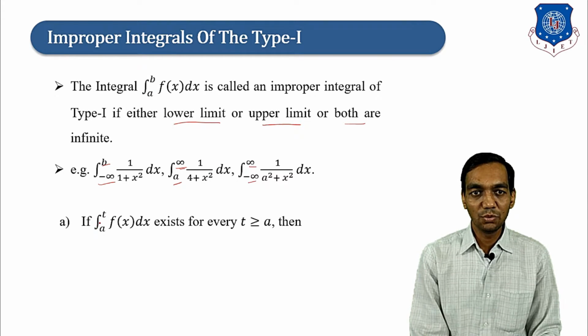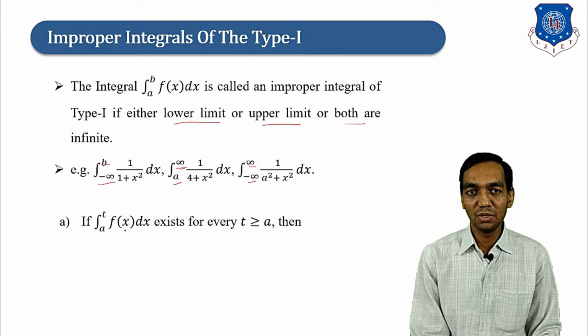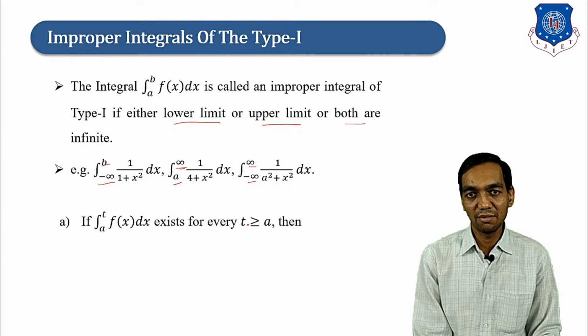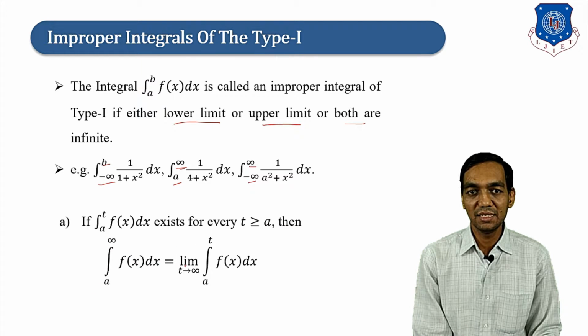First one, if the integration from a to t f(x) dx exists for every t greater than a, then the integration a to infinity f(x) dx is written in the form of limit t tends to infinity integration from a to t f(x) dx. Correct?